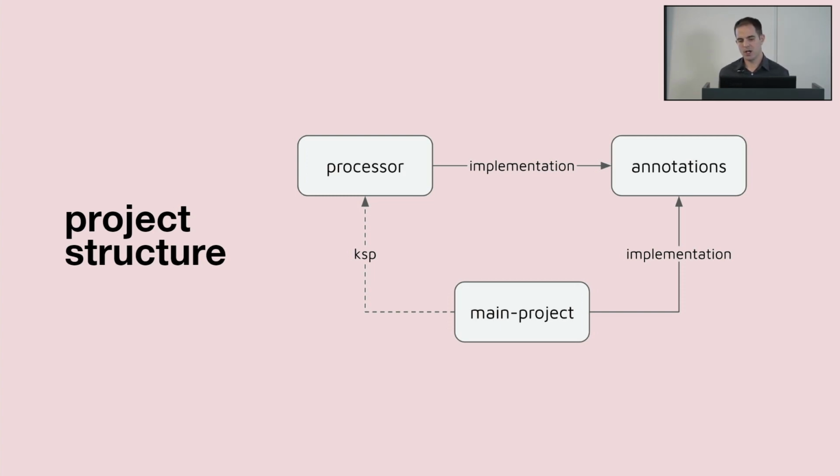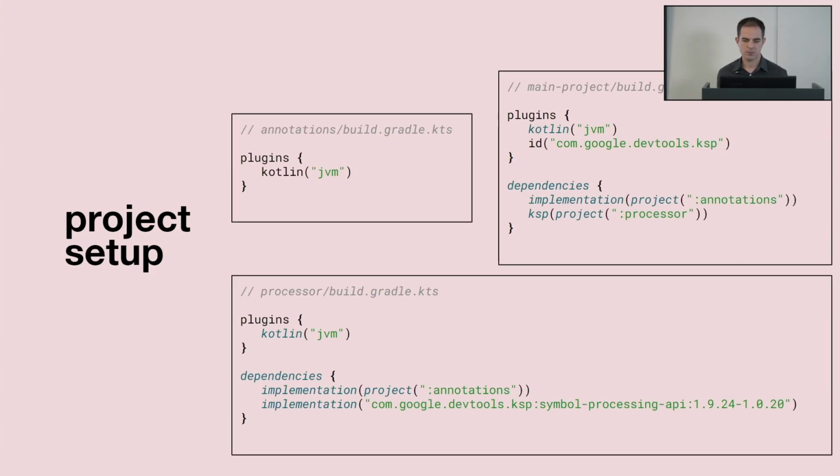And I have a main project here. This can be an example project in your own GitHub repository, or a test project, or actually the final project of the user. And the user, as in the previous examples, has to include the annotation module as an implementation dependency, and your processor as a KSP dependency, which runs at compile time, and it won't be included in the final APK.